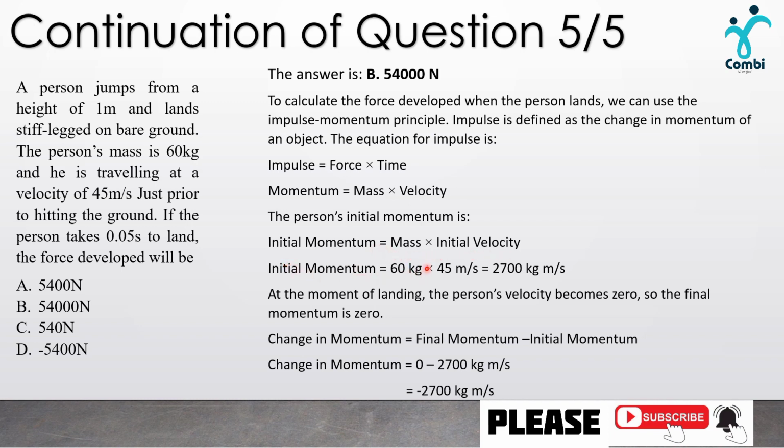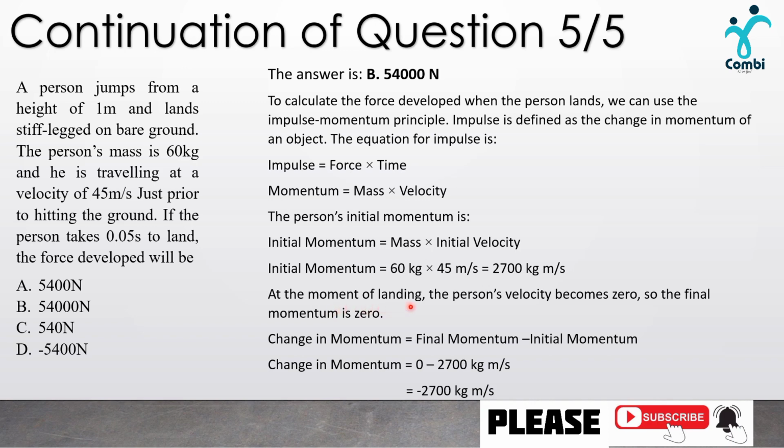The person's mass is 60 kilogram and his initial velocity is 45 meters per second. When we carry out this multiplication, we have 2,700 kilogram meters per second.